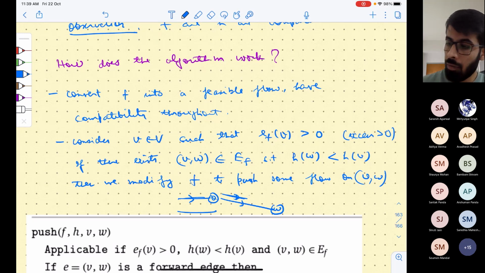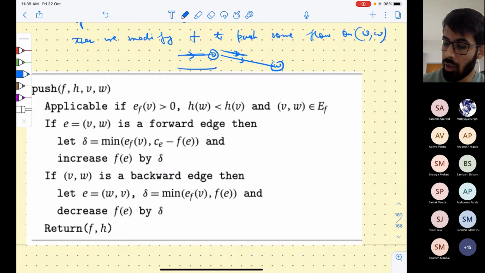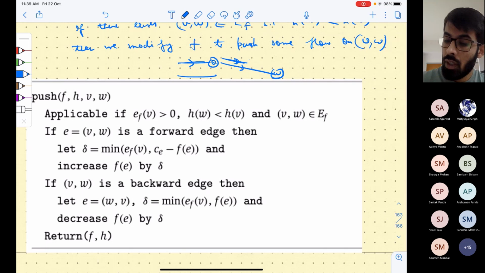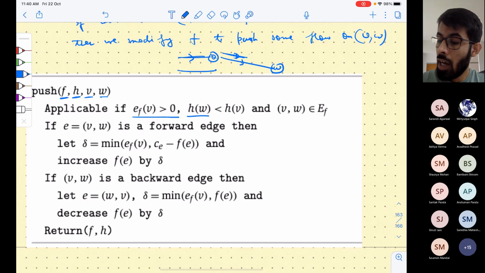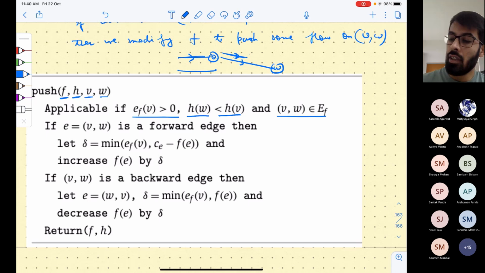Okay. So let's see what we mean by that in actual algorithmic terms. What are we saying here? We are saying push F, H, V, and W. So F is the flow value, H is the labeling, V and W are vertices. And this is applicable if excess is greater than 0, the height of W is less than height of V, and VW is an edge in the residual graph, right?